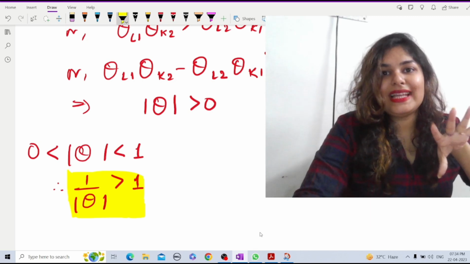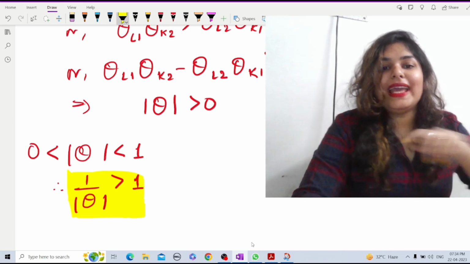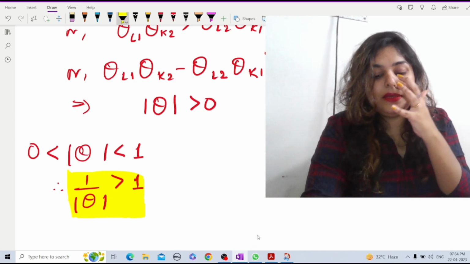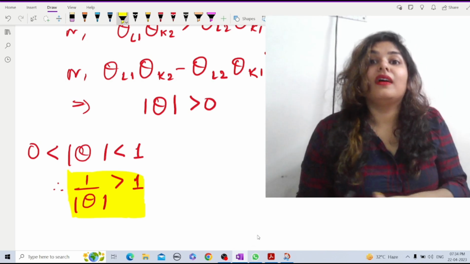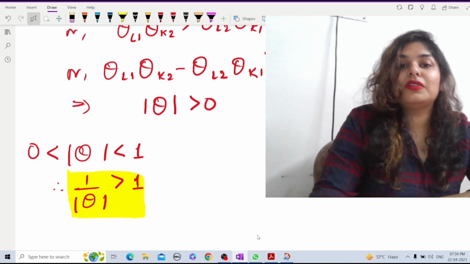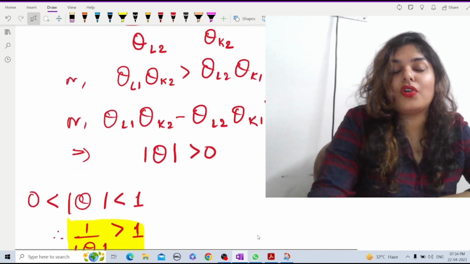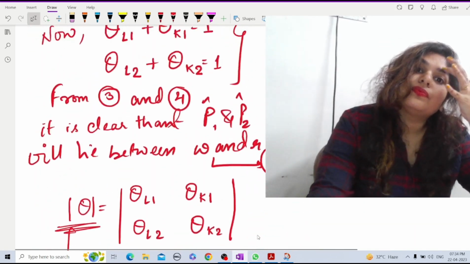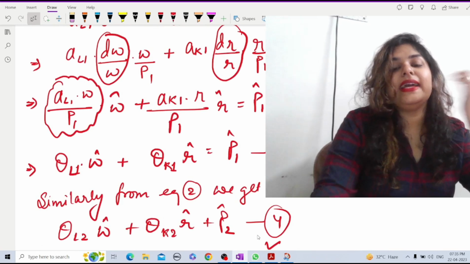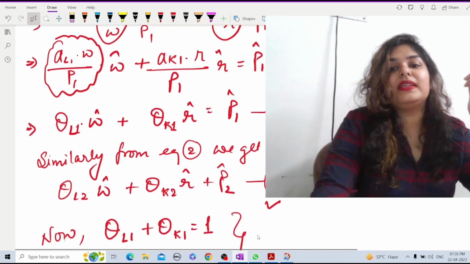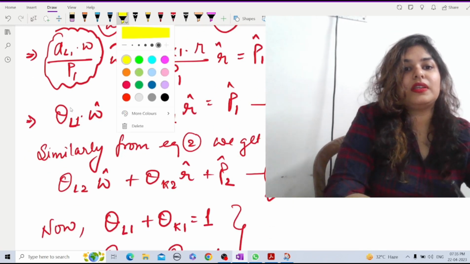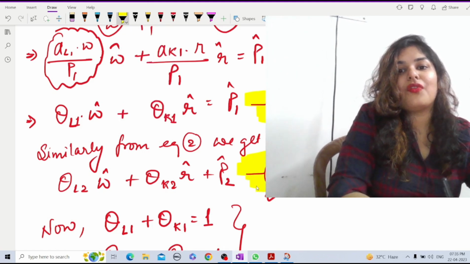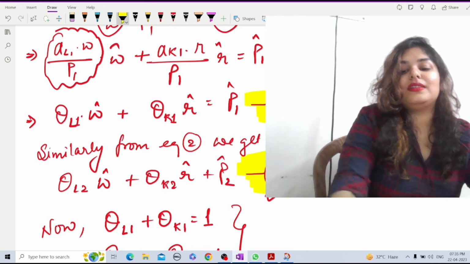Now what is the next thing that we are going to do? The next thing that we will be checking here is basically we will subtract the equation 3 and 4. Let's check if it is 3 and 4 or not. That is both the differentiated equations. Yes, 3 and 4. So we will subtract these. This is our equation 3, and this is our equation 4. We will subtract these two.